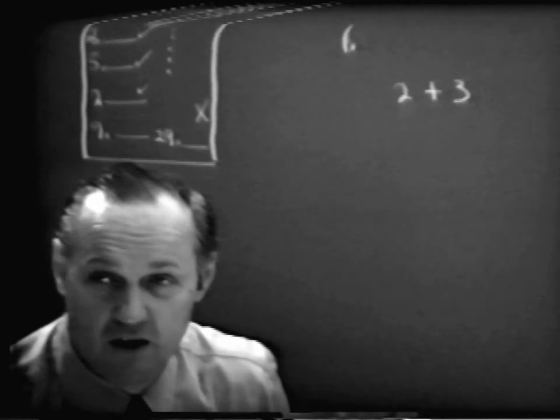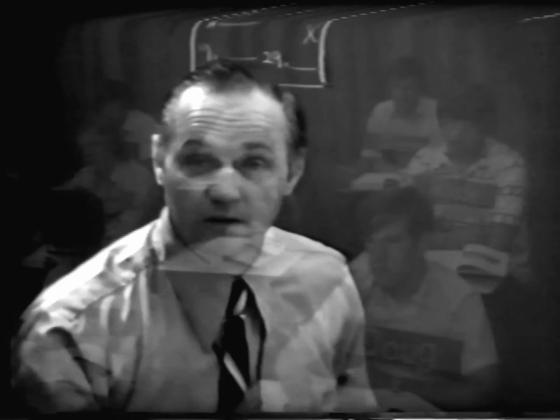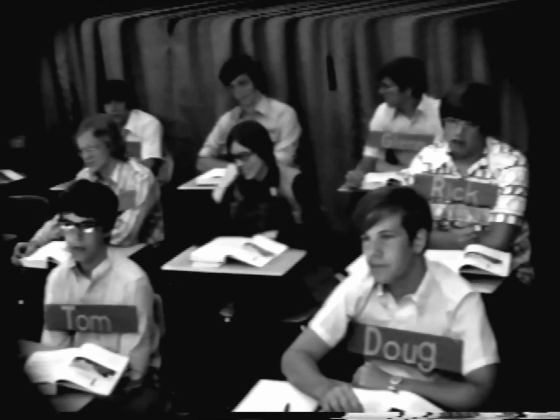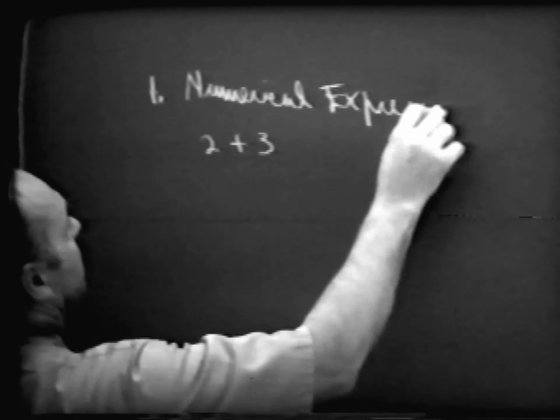And we might think of this as a numerical phrase, or the word that the book uses is a numerical expression. All right, a numerical phrase or expression is what we have listed here.